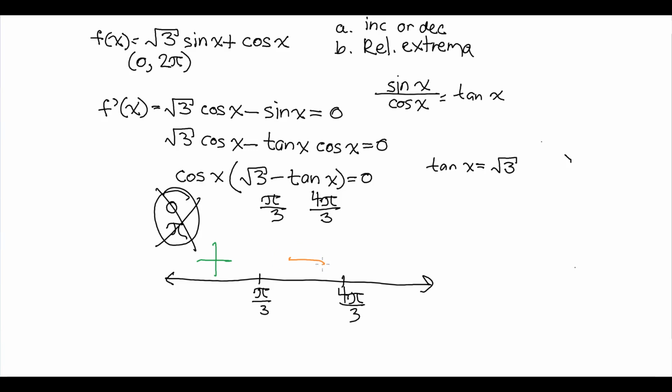And then if we check 3 pi over 2, we get cosine of 3 pi over 2 is 0 minus negative 1, which is positive 1. So we get a positive.